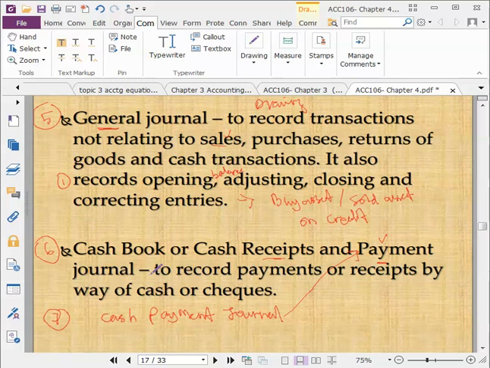So how about the owner return back product to the supplier? Pandai. Okay, very good. So how about the business paid electricity bills by cash?